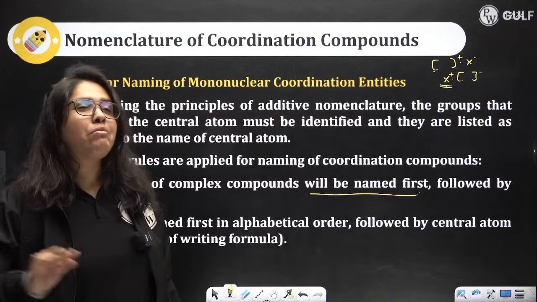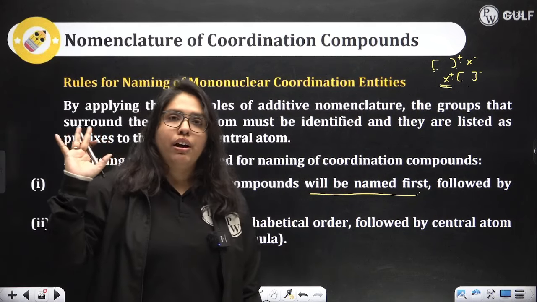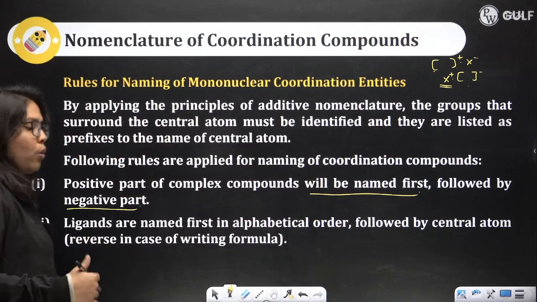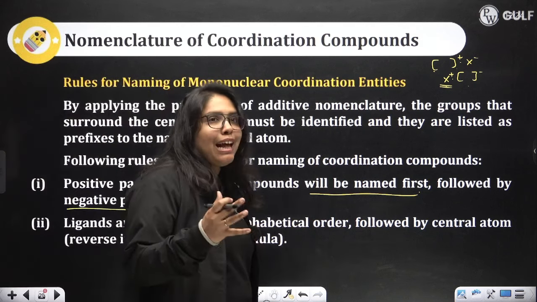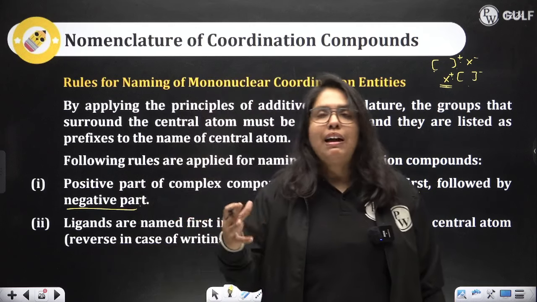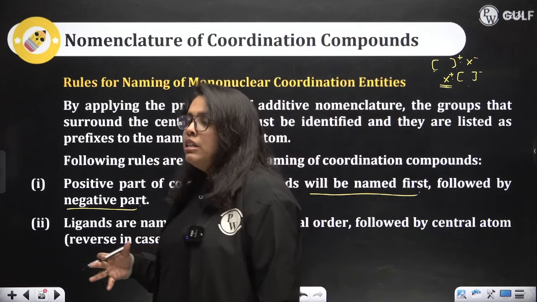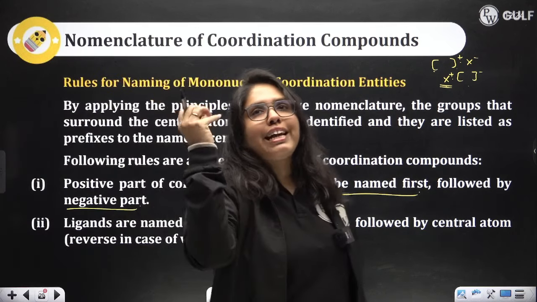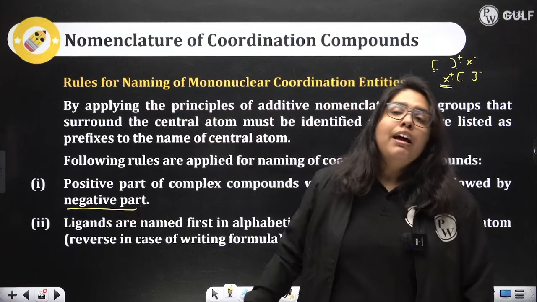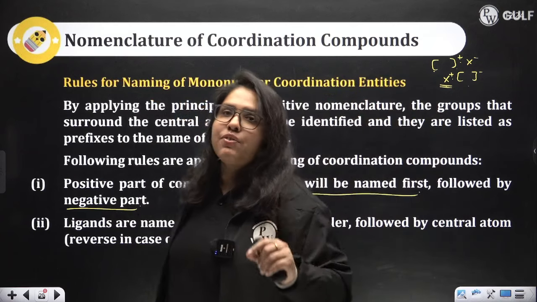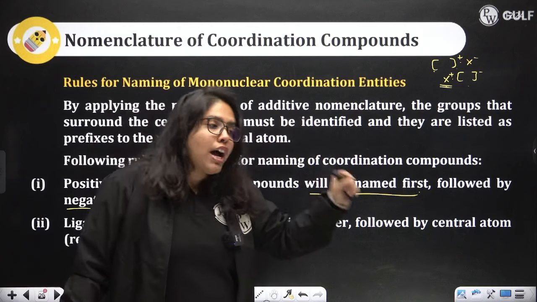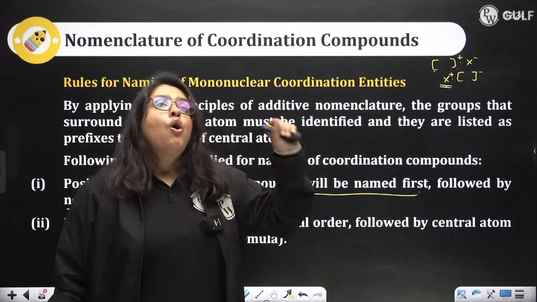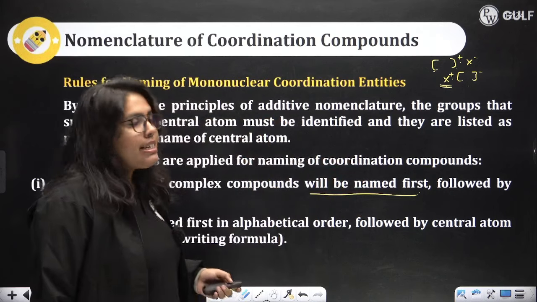So ligands are named first, followed by, obviously, once you have named all the ligands in alphabetical order, the central metal atom. So what have we learned so far? Positive entity first, negative entity second. When we are naming the coordination entity, we will first name the ligands in alphabetical order, followed by the name of the central metal atom.